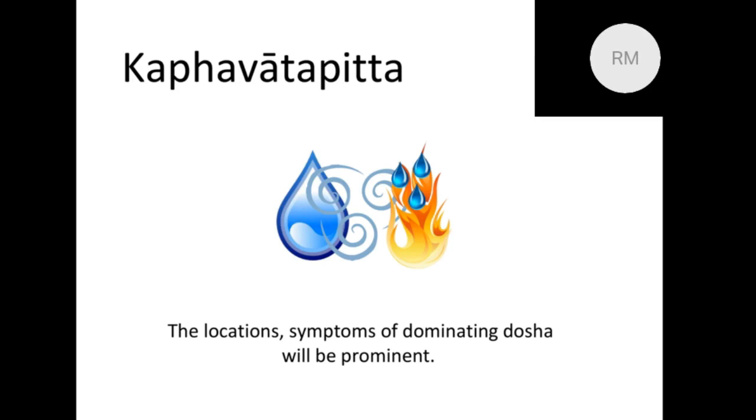In the next few minutes, we'll do some simple interactions to see whether you're able to identify the doshic dominance in the diseases that I'm mentioning. So the first thing is swine flu. Now, what do you say? Is this a single, dual, or triple dosha presentation?